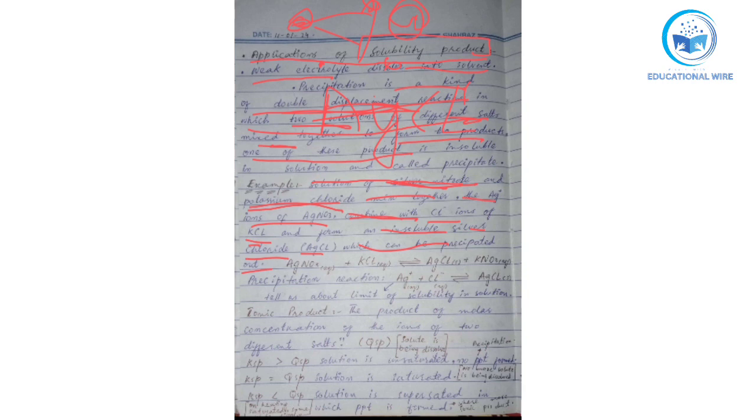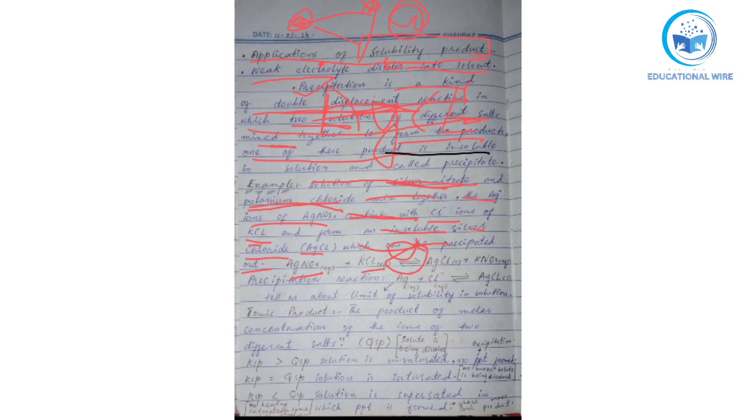Here we have AgNO3 in aqueous solution, that is silver nitrate, and KCl, potassium chloride. In this reaction we will have one insoluble product.